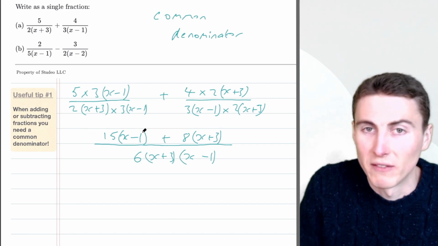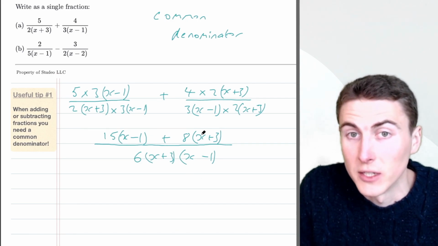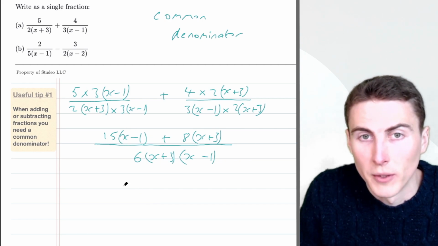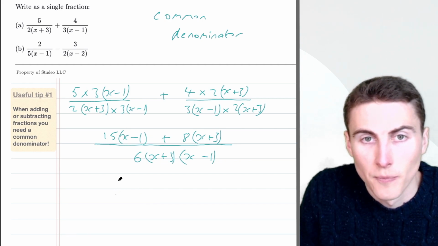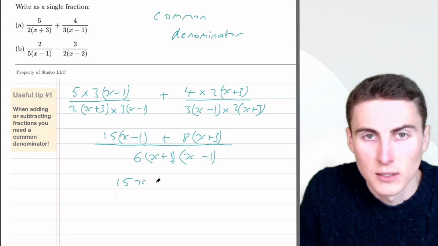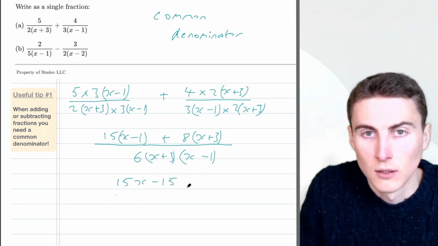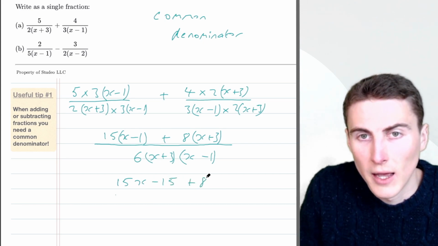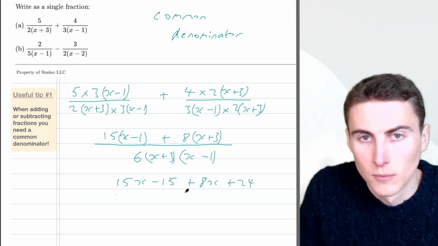But to be honest, you'd normally have to simplify it a bit, particularly the top. So I can expand the top here to be 15x minus 15 plus 8x plus 24.